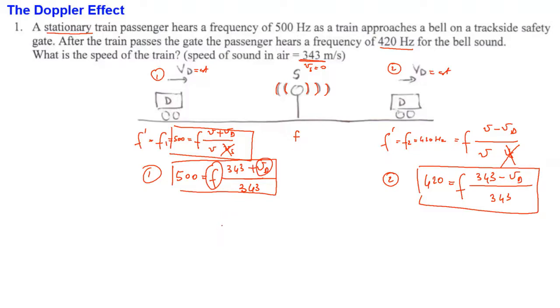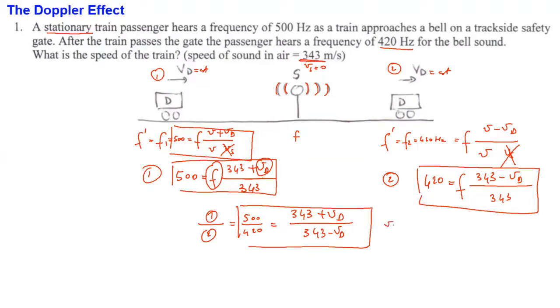Here I want Vd, so let me get rid of F. If I want to get rid of F, I'll just say equation number 1 divided by equation number 2. So I will have 500 divided by 420. The F will simplify, the denominator will simplify, and I will just have (343 plus Vd) divided by (343 minus Vd). And I solve for Vd.